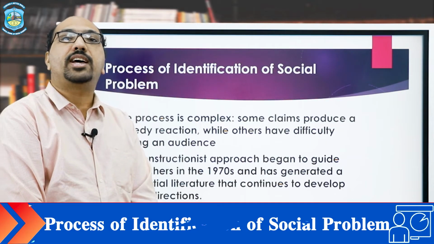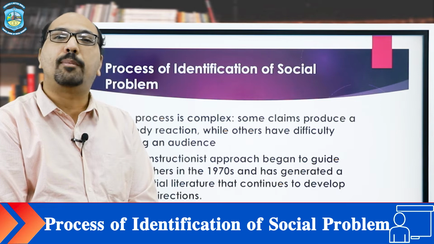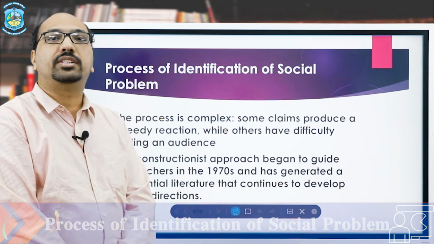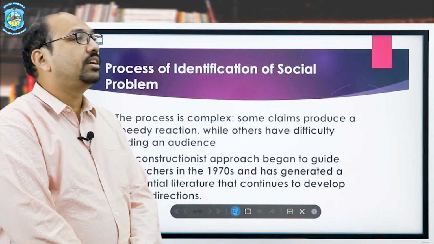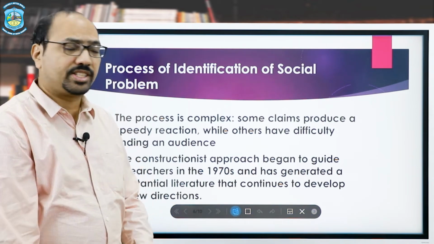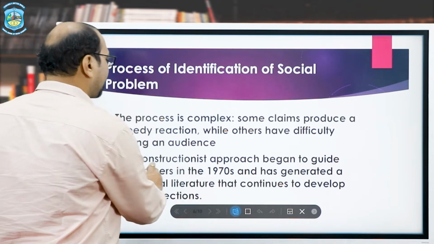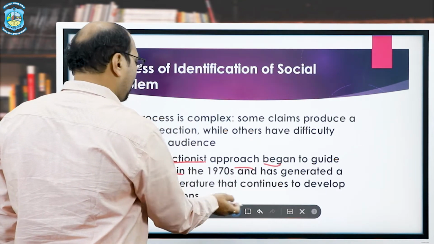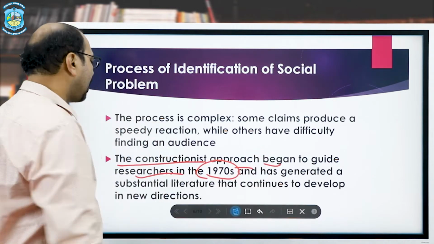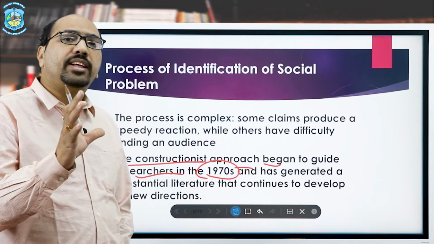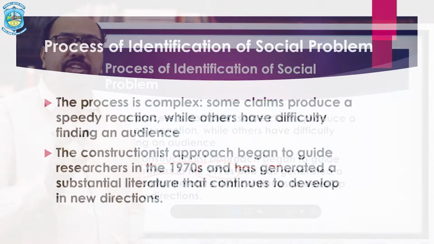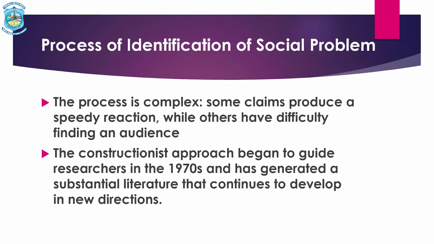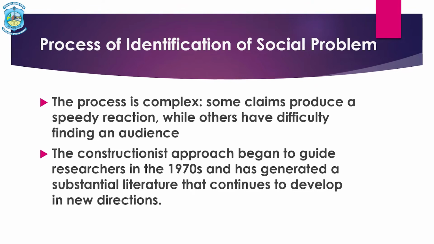Students, this entire process which I just mentioned is a complex process, and it started off in research and theory somewhere around the 1970s. So you see that this constructionist approach began to guide the researchers somewhere around the 1970s, and then these researchers, most of whom were sociologists, actually realized that we can create a problem.